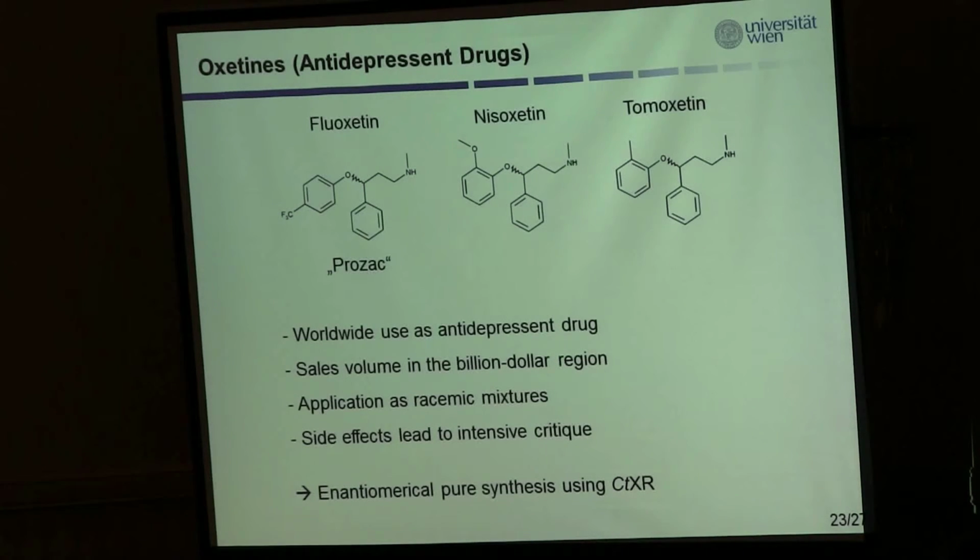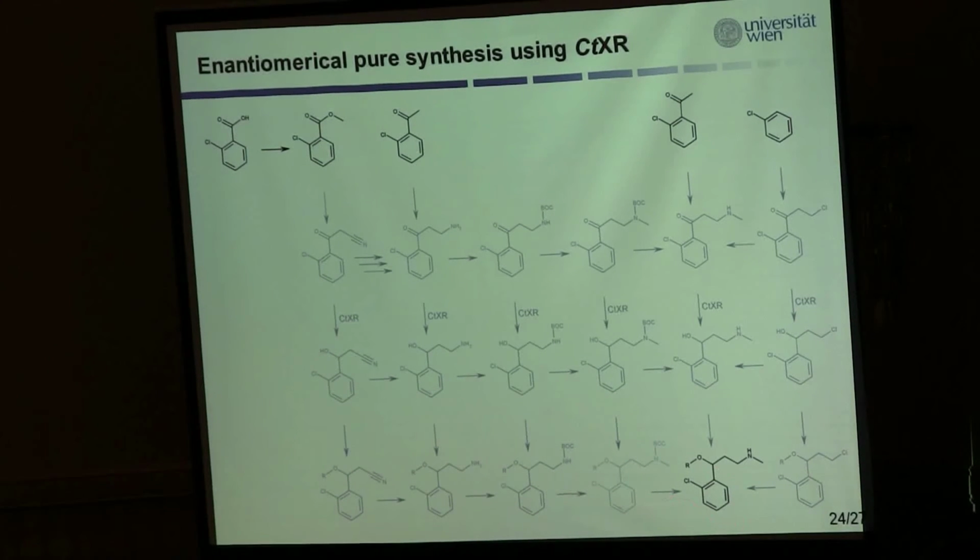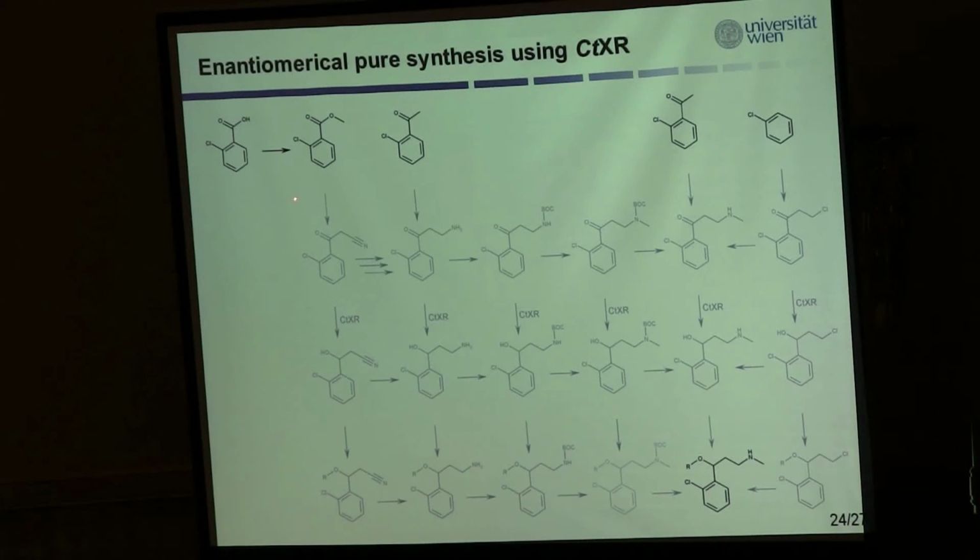We are now interested to make enantiomerically pure synthesis using CDXR, and have then a couple of reactions from easily available starting materials, here always with the chlorine. That was interesting at that moment in which we started that reaction, and here we have our final product, and we have always some preparation step, then the CDXR step, and then steps to the product.